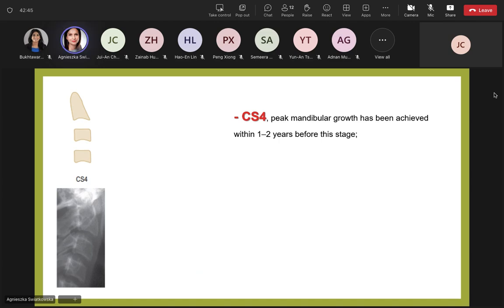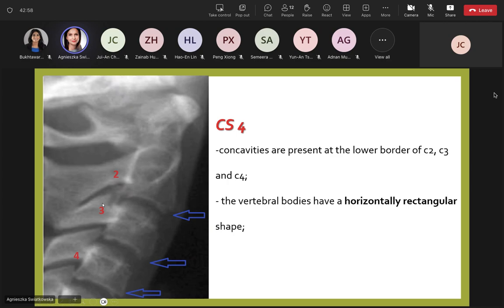Sorry. Now, look here. What is typical for this stage: concavity on the second, third, and fourth vertebra, and the shape of the bodies of the vertebra is horizontally rectangular.